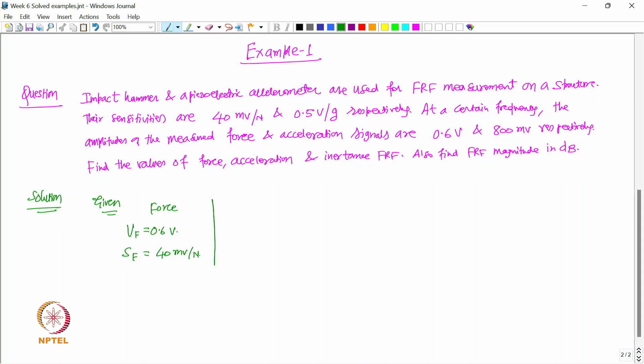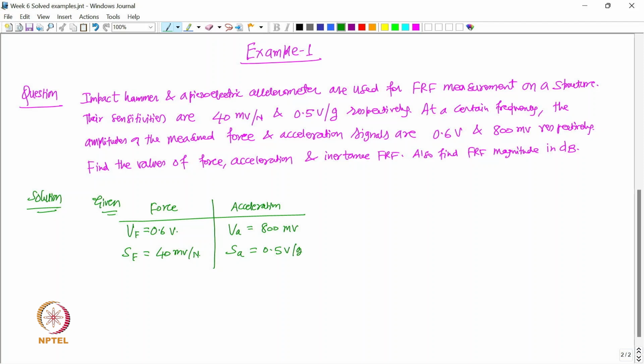For acceleration we have been given the voltage, which I can call VA, the voltage corresponding to acceleration, given as 800 millivolts, and sensitivity, which I can call SA, is given as 0.5 volt per G.